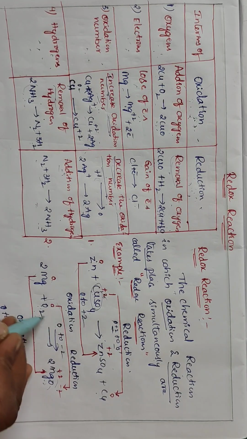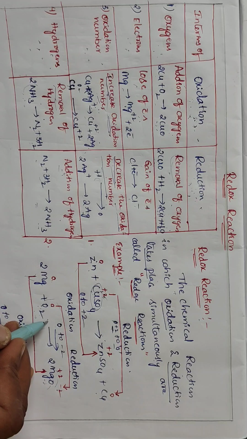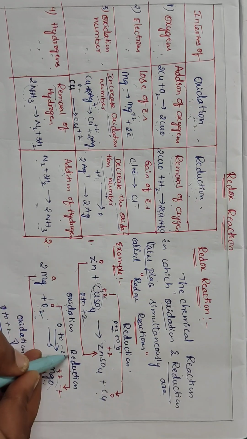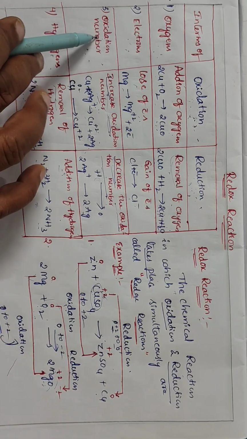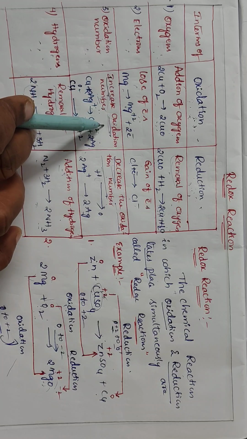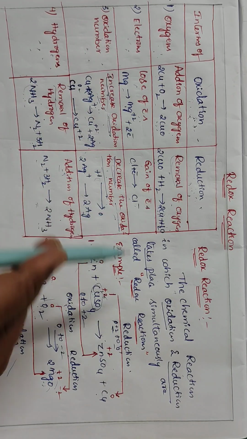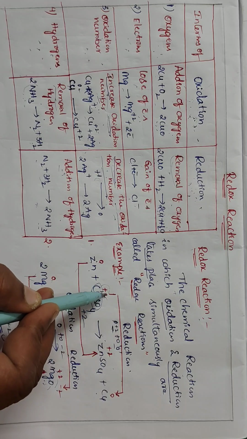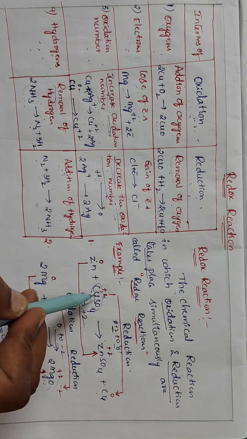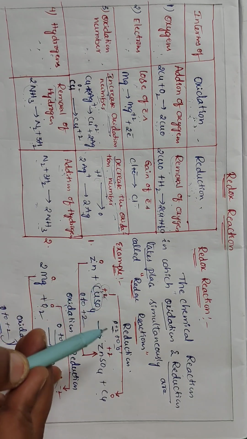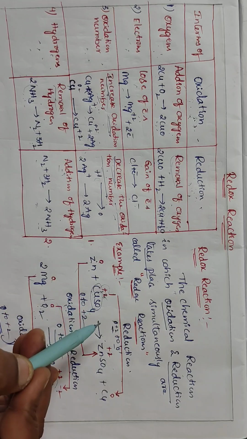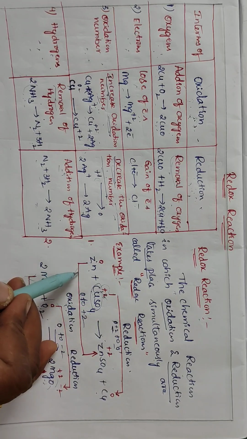So in these two examples, I explained the definitions of oxidation and reduction in terms of oxidation number: increase in the oxidation number, decrease in the oxidation number. I think you have one doubt: how are you writing the oxidation numbers, ma'am? Oxidation number is a separate concept. How to write the oxidation number of elements? Some rules are there, and based on that I am writing here.